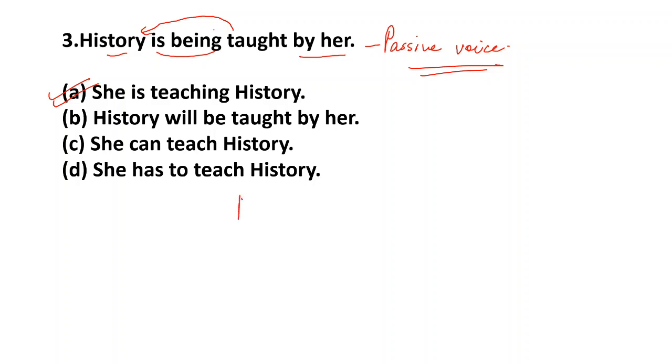Here you see, in the active voice, you have subject plus verb, isn't it? Subject is there plus verb is there, plus, that is, verb is teach plus ing form.